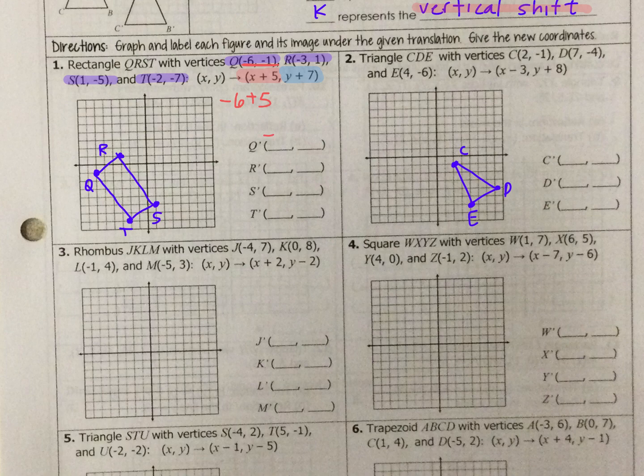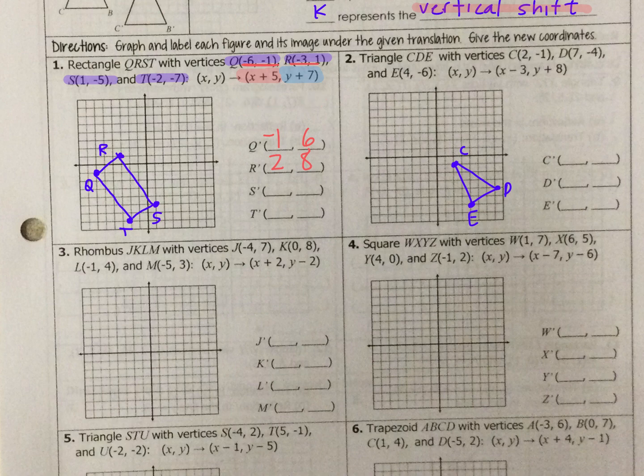That gives me a -1. And then the 1, I have to add 7. 1 plus 7 is 8. Okay, now I do it again with the next one. I have a -3 and I have a 1. So to the -3, I add 5. That's a 2. To the 1, I add 7. 8.